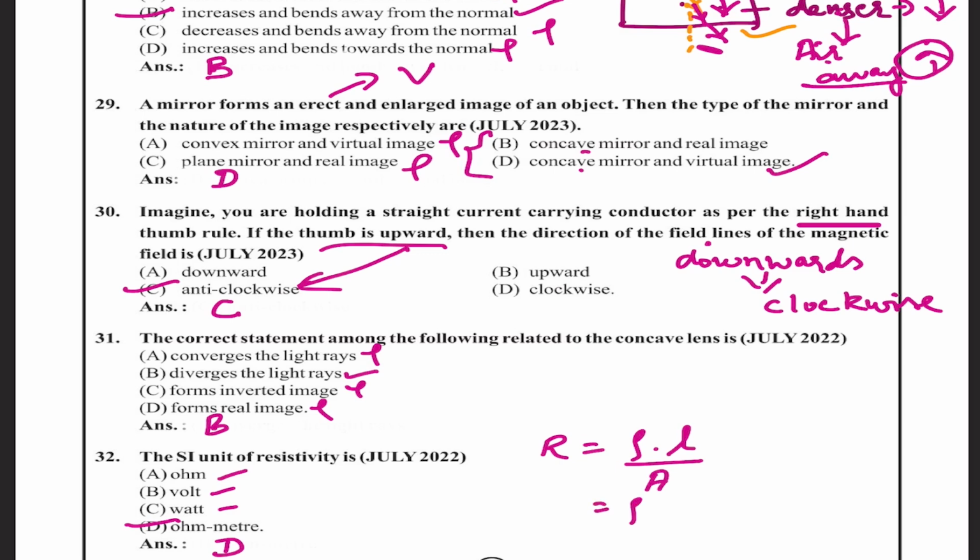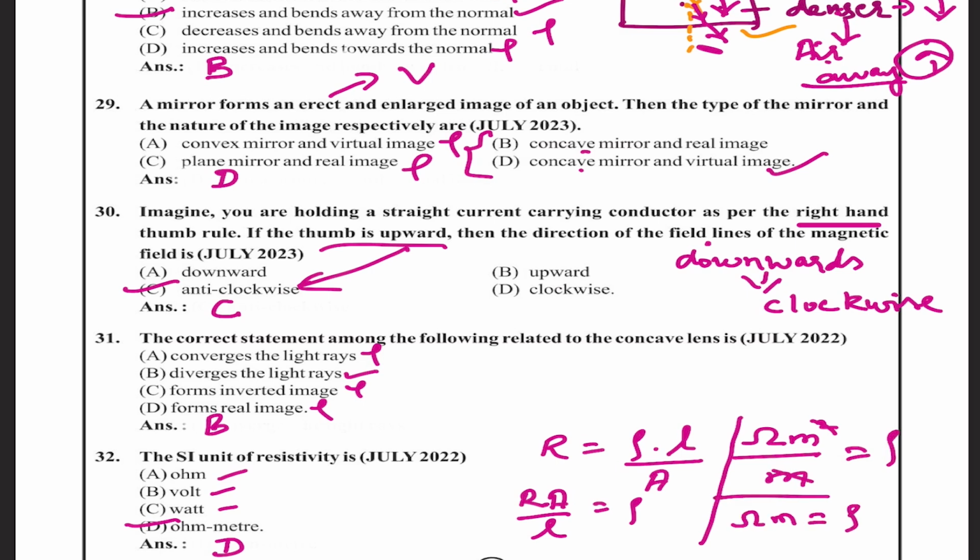Keeping resistivity on the left side, that is rho equals R into A by L. What is the SI unit for resistance? It is ohm. The SI unit for area of cross section is meter square, whereas the SI unit of length is meter. Meter gets cancelled, remaining is ohm meter.